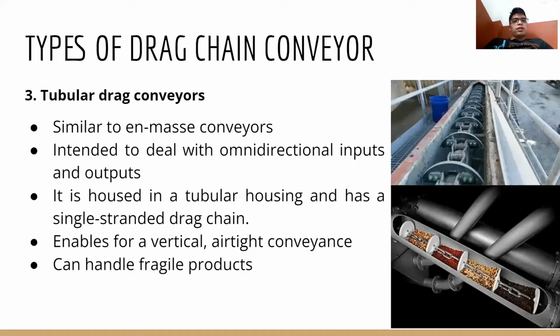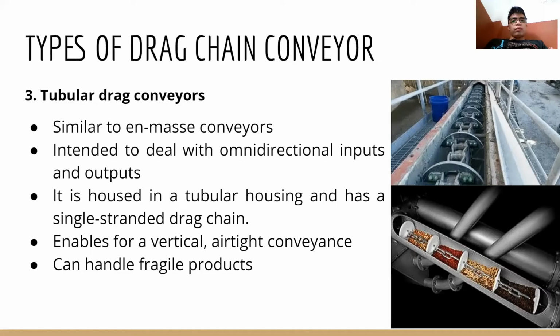Tubular drag conveyors are similar to the second conveyor in that they are designed to handle omnidirectional inputs and outputs. This assembly is enclosed within a tubular housing and contains a single-stranded drag chain with equally spaced discs that are functionally the same as flights.